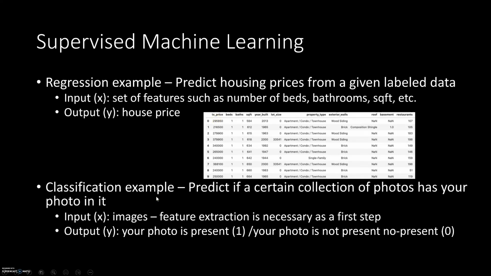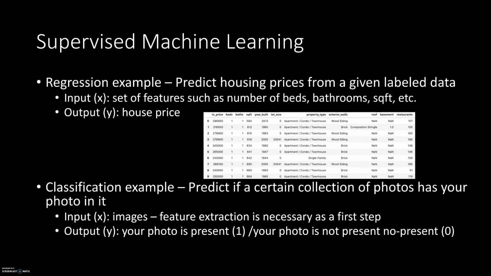For classification, the example can be, let's say you and your friend went on a trip and you guys took a lot of pictures, and now you want your friend to send you the photos that contain you. So we have a certain collection of photos and we want to identify which photo contains your face, and then we want to send that photo over to your phone.